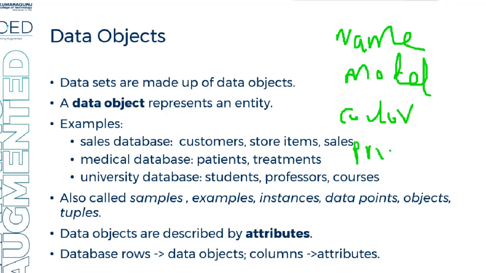These are all known as attributes of the car object. So objects are described with attributes. For a car object, we take the name of the car, the model of the car, the color of the car, and sometimes the price of the car will be mentioned.